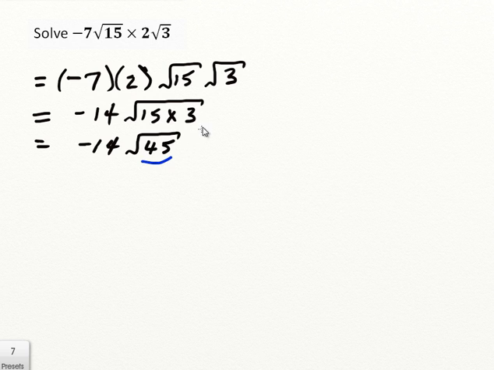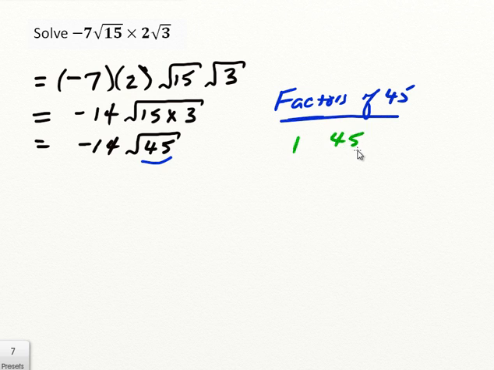Take a moment to look at this 45 and ask yourself, what are the factors of 45? Well, the factors of 45 are 1 times 45, 3 times 15, 5 times 9. 2 doesn't go in, 4 doesn't go in, 6 doesn't, and 7 and 8 don't.